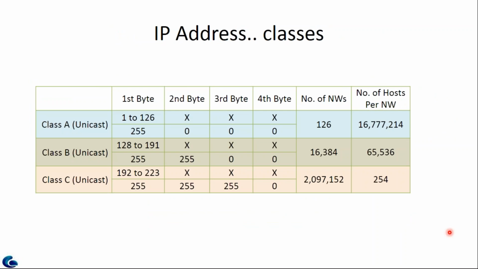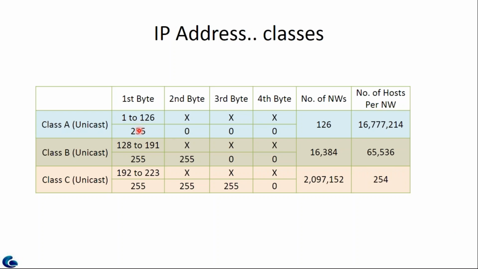So I focus on the unicast addresses; other addresses don't interest me at this moment. Some of them will be of interest at a later stage, but at the moment my focus is on those address values which I can assign to host machines, and we'll compare class A to class B to class C. I've just reproduced what I discussed in the slide before the last slide.